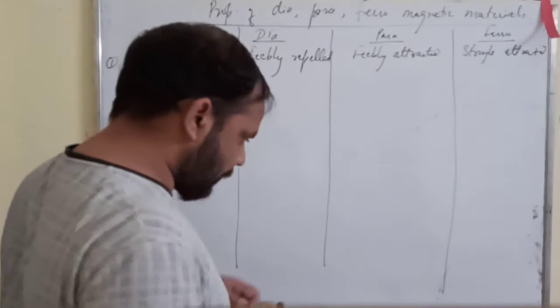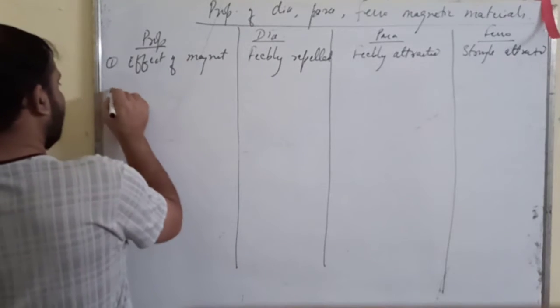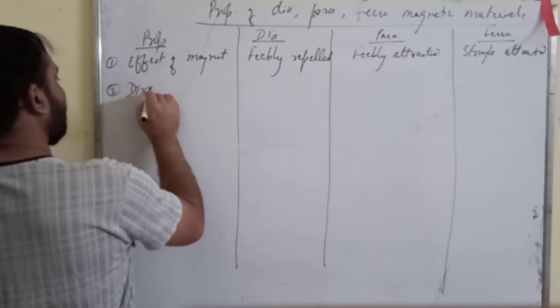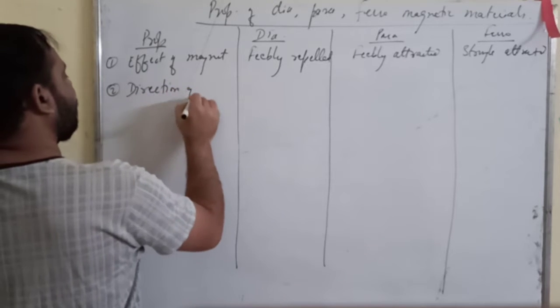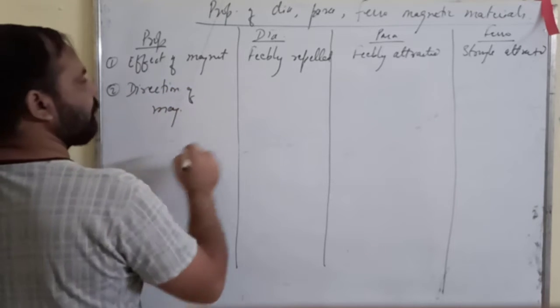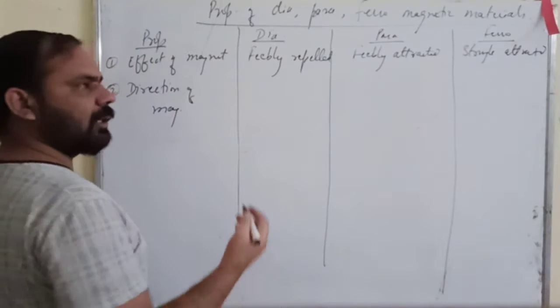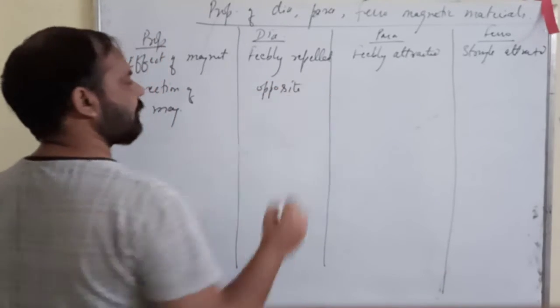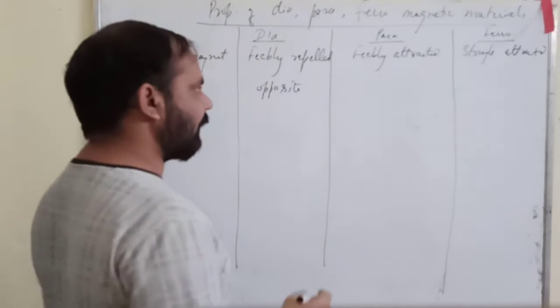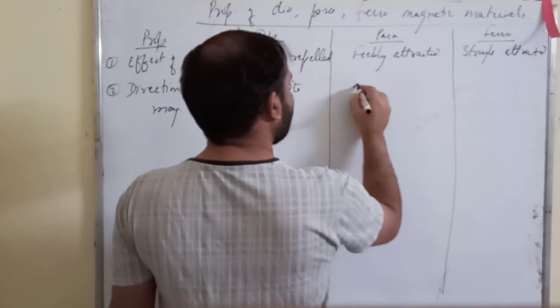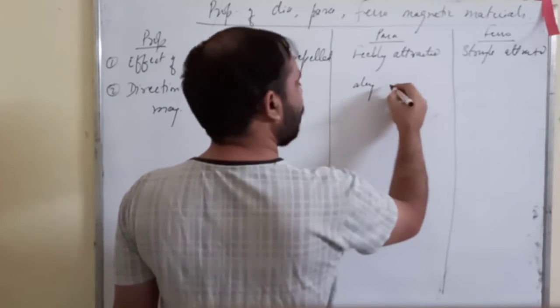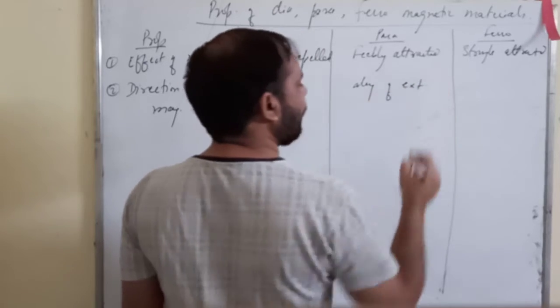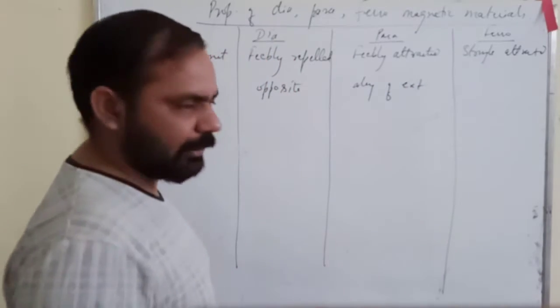Then next is direction of magnetization. So how do they magnetize? Diamagnetic materials magnetize opposite to the direction of the external magnetic field. Paramagnetic materials get magnetized along the direction of the external magnetic field, or the magnetizing field.